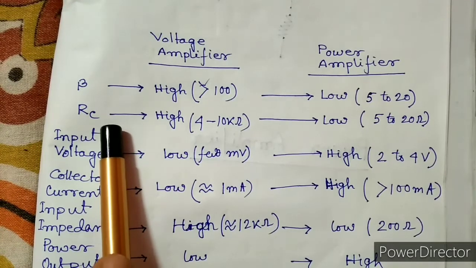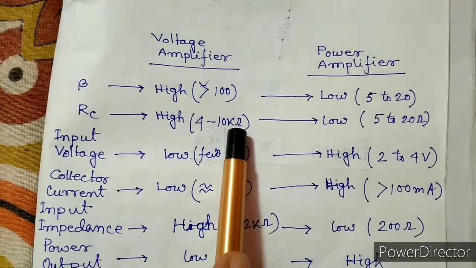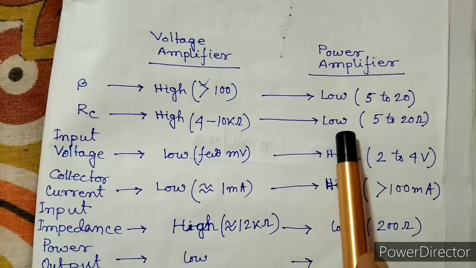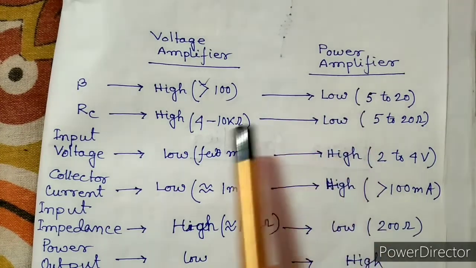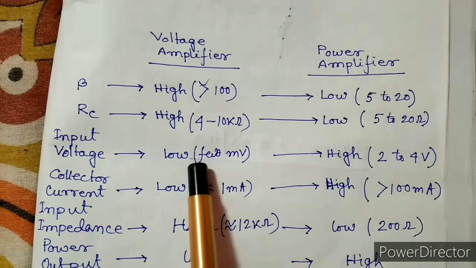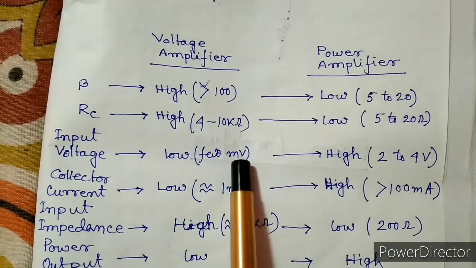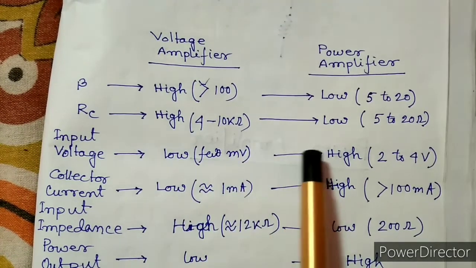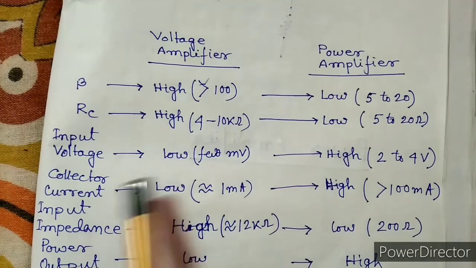Collector resistance RC is high, 4 to 110 kilo ohm, whereas collector resistance for a power amplifier is low, 5 to 20 ohm. Input voltage of a voltage amplifier is very low, about a few millivolts, whereas in a power amplifier the input voltage is high, varying from 2 to 4 volt.